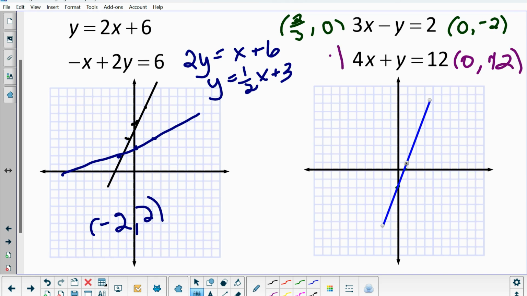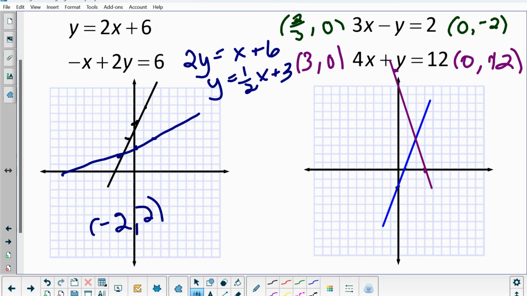And then I'm going to put 0 in for y, cover up the y, so I do 12 divided by 4 and get 3. Okay, so 0, 12 is kind of off the grid. 3, 0 is here. So I can try and graph this one. And see if I can find the intersection of these two.